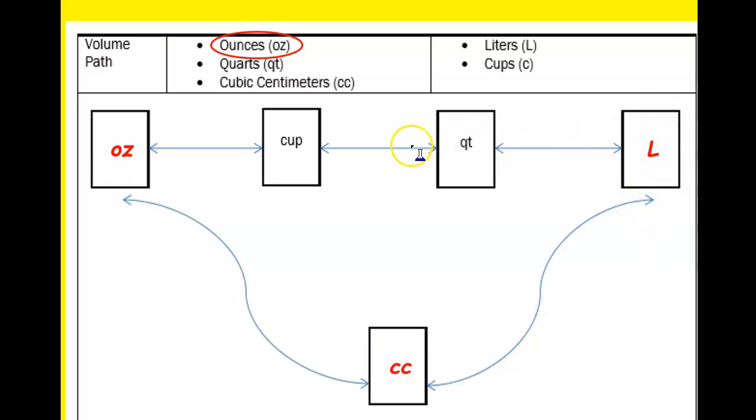You will see that there are different paths that we can use to get to the units that we need. Now, if we have units that we know will equal from one to the other, that makes it easier. But when we don't, this is how our path lies.